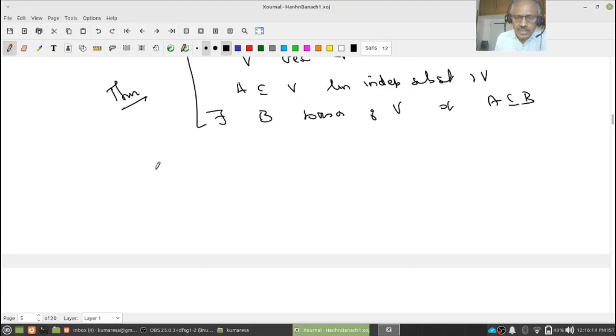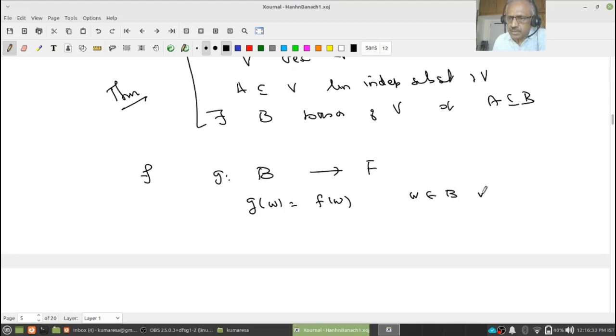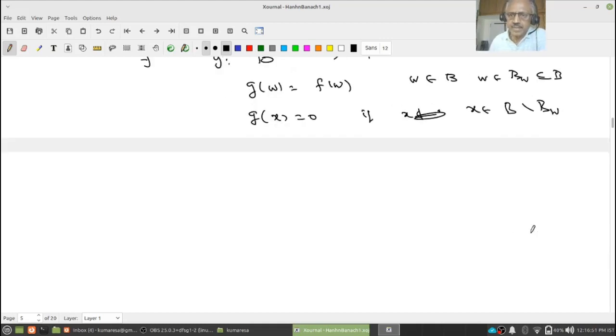Now let us look at f. I will define g from B to F by the following: g of w equals f of w if w is in B_W, and B_W is contained in B. And g of x equals 0 if x is in B but not in B_W.